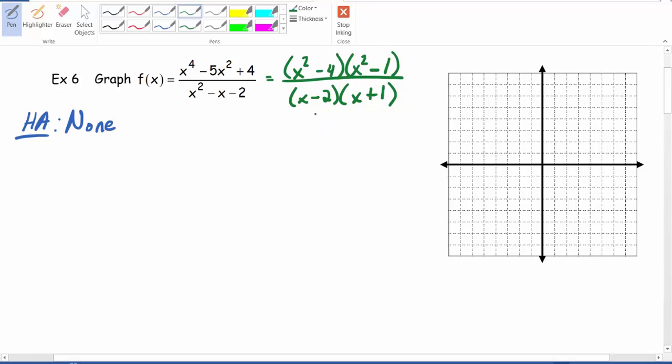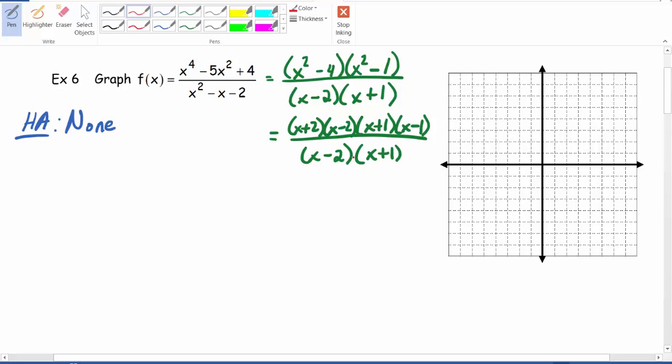We can actually break these down further. We see the difference of two squares in x squared minus 1 and x squared minus 4, so we can break that down to x plus 2 times x minus 2, and then x plus 1 times x minus 1. On the bottom, we still have x minus 2 times x plus 1.